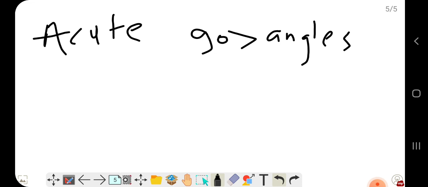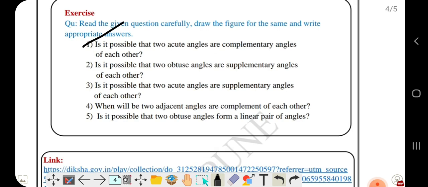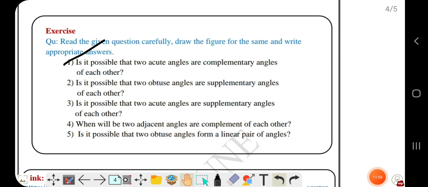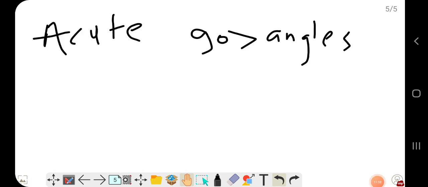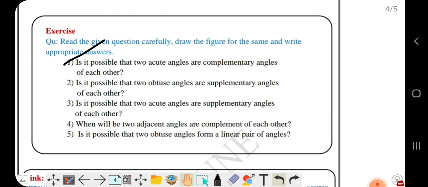So according to the question, is it possible that two acute angles are complementary angles of each other? According to the definition, acute angles are the angles which are less than 90 degrees.